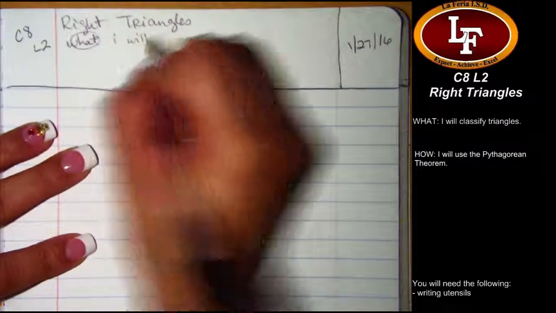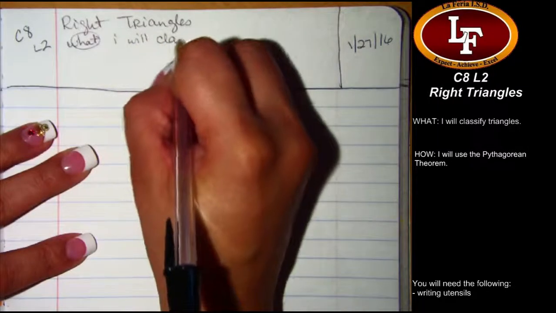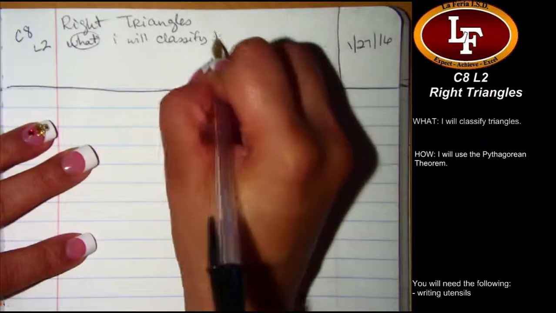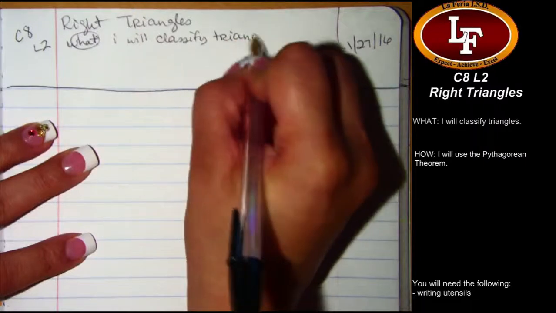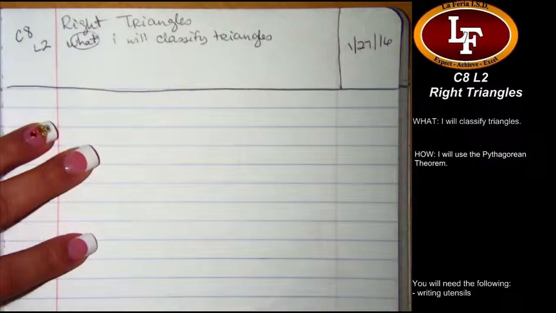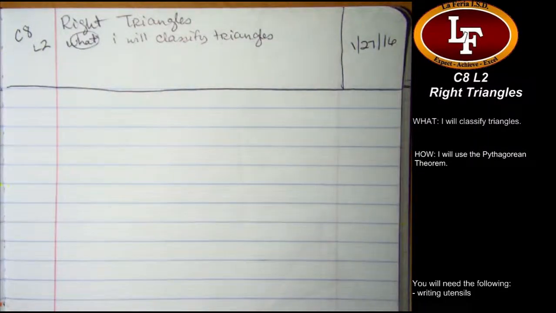Today we will be classifying triangles. Do you remember some of your triangle classifications? Equilateral. Isosceles. Right. Acute. Obtuse. Yeah, all of these are triangle classifications.